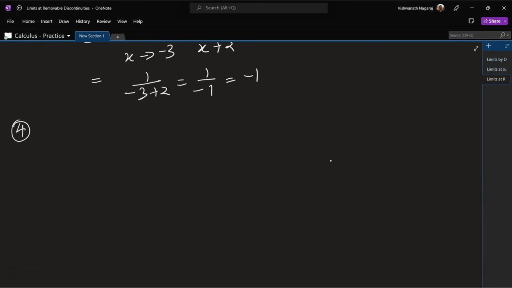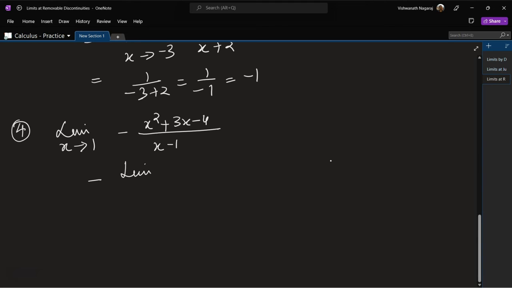Okay, fourth one. Limit as x approaches 1 of (minus x square plus 3x minus 4) by (x minus 1). Again, denominator becomes 0. So let's simplify this.